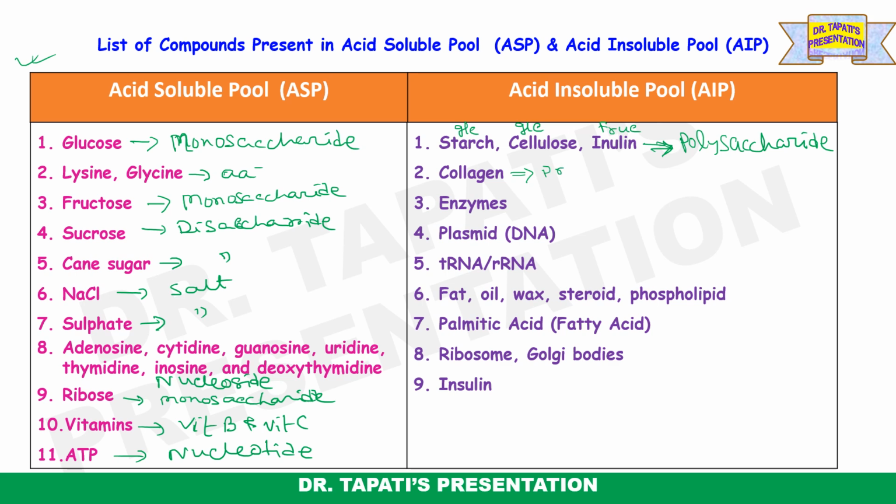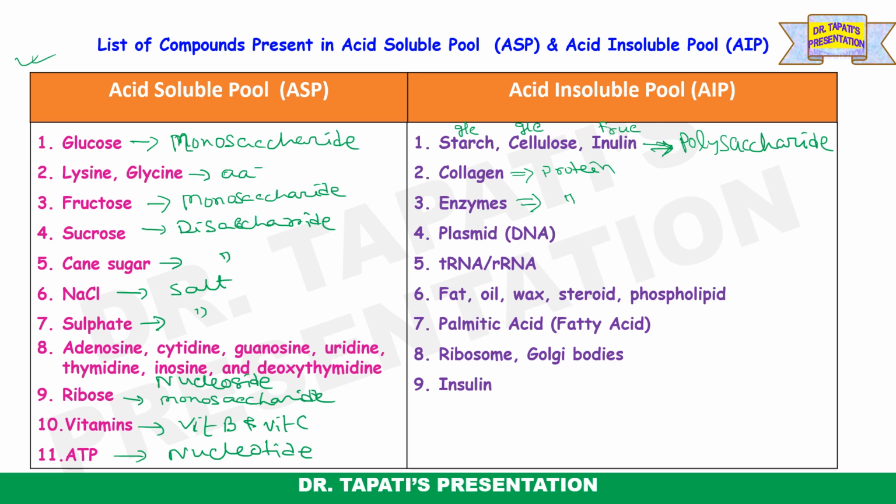Collagen is protein, so this is also a polymer. So it is present in the acid insoluble pool. Enzymes are also mostly protein in nature, except ribozyme. Ribozyme is RNA in nature, so both protein and RNA should be present in the acid insoluble pool.